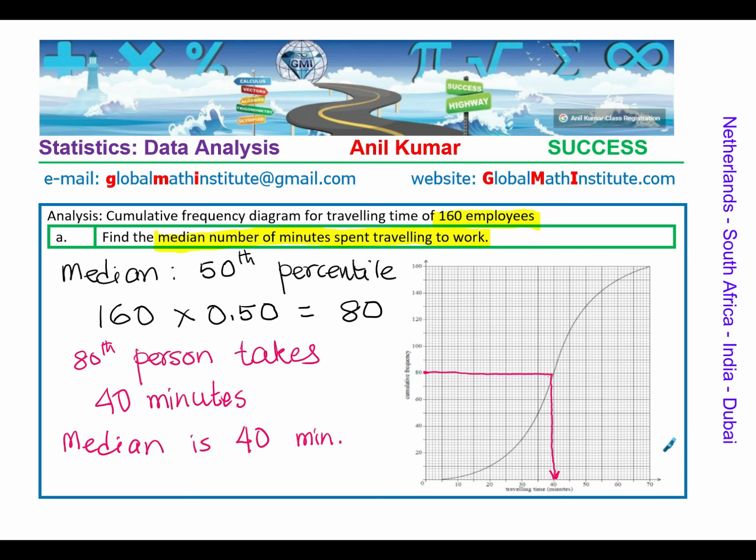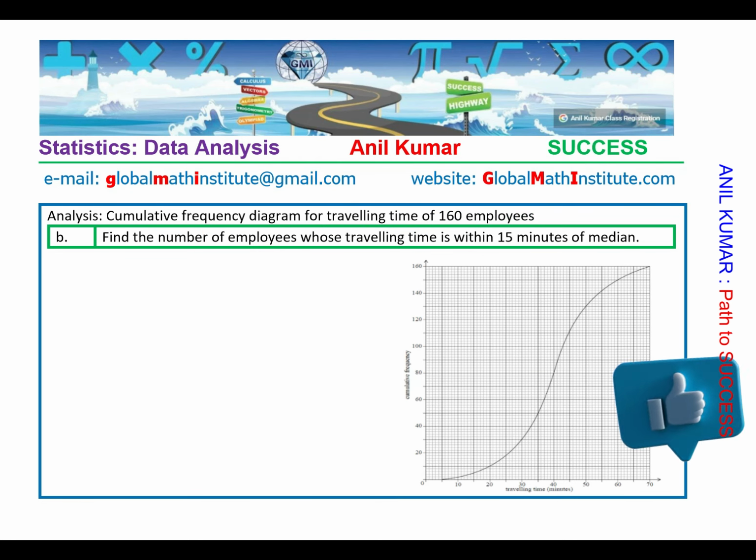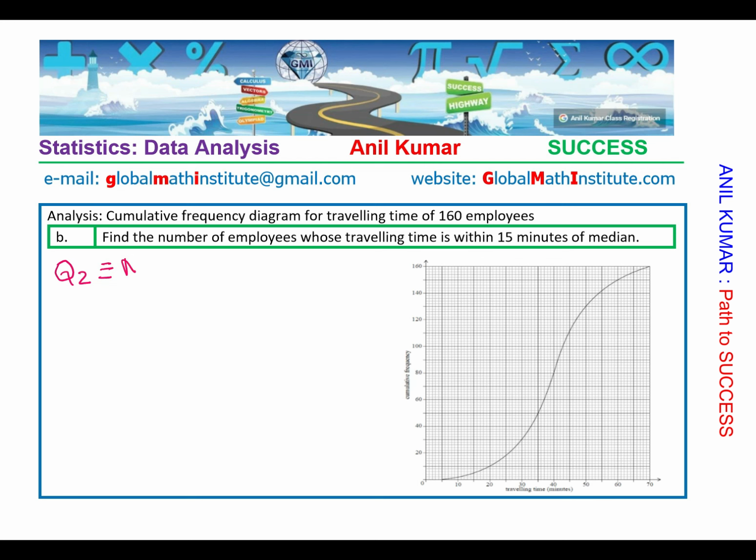Is that clear to you, right? So now let's move on to the next part. So we just figured out that the median, which is also known as Q2, second quartile, same as median, is 40 minutes.